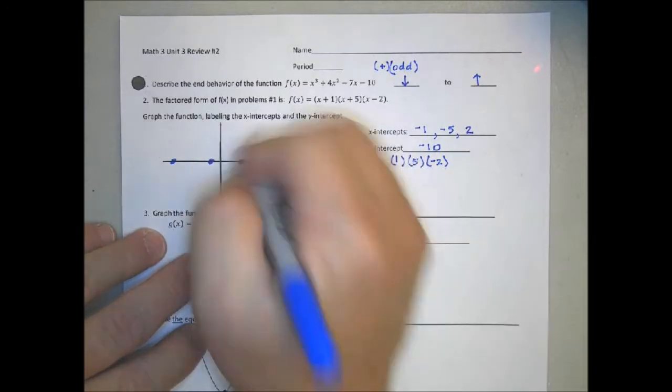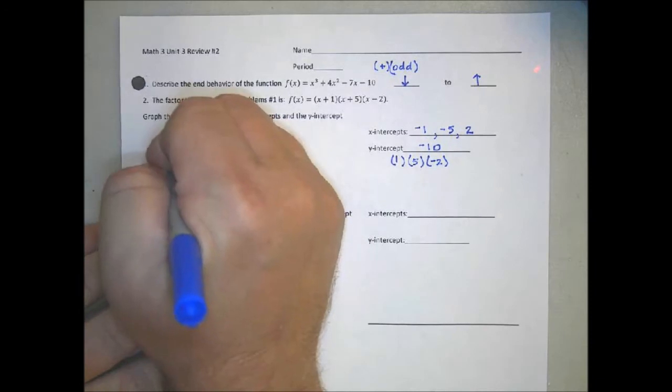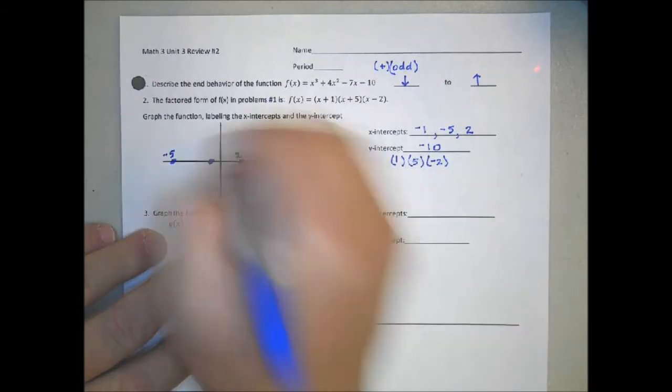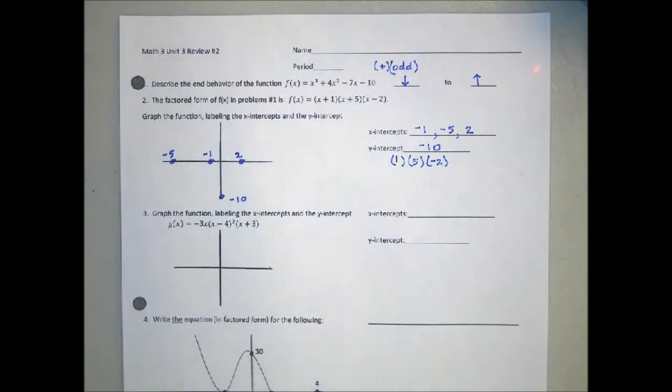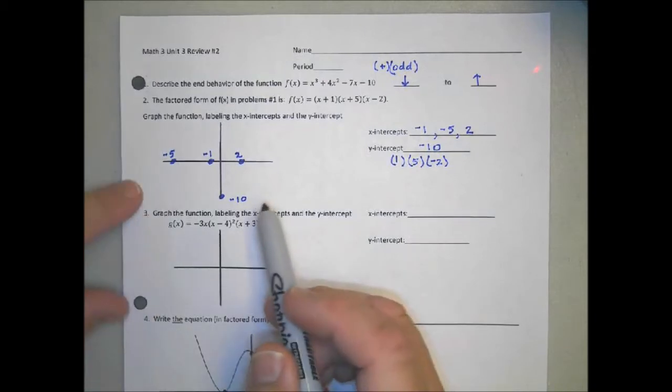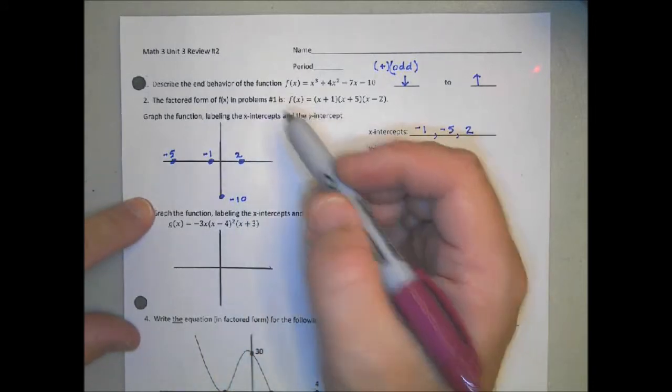Now this was a 2, and this was a -5, and that was a -1. And we know the behavior of the graph is supposed to be low to high. And all of the zeros are pass-throughs, none of them are bounces. So let's take an attempt at graphing this thing.